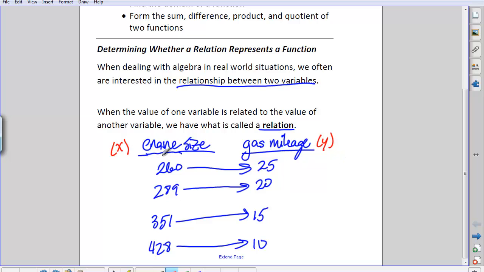In other words, engine size corresponds to gas mileage. That would make sense. We could also say y depends on x. In other words, gas mileage depends on your engine size. And if we think about that, it does make sense to say that your gas mileage would depend on your engine size. And again, x and y are typically the two variables we use.